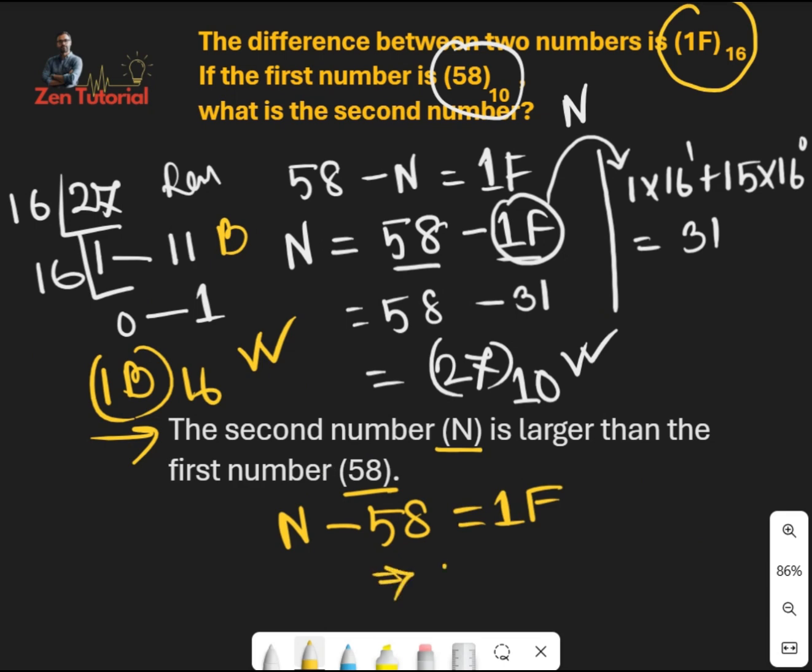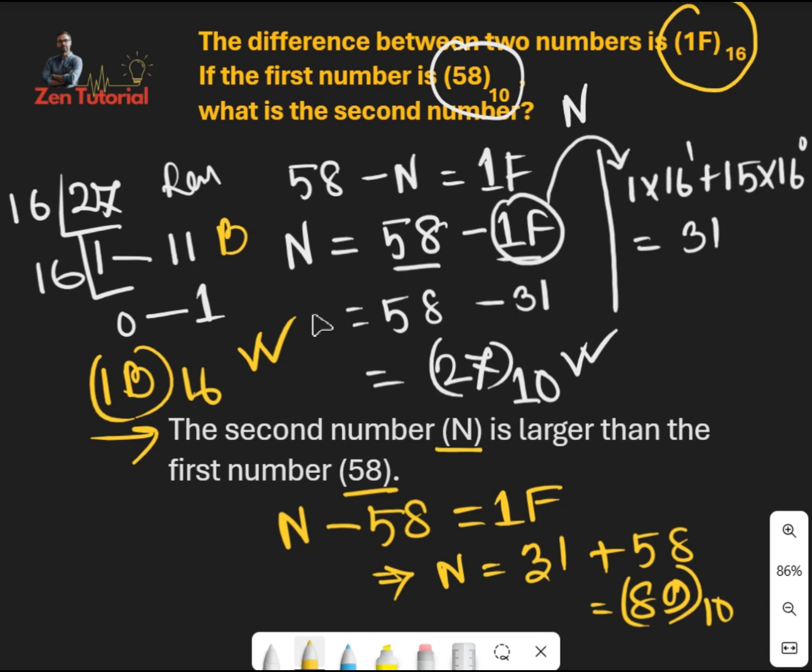So n is equal to 1F, which is 31, and this will be 58, so the result will be 89 in decimal, of course.